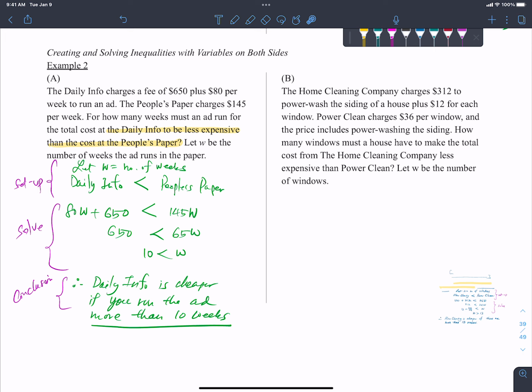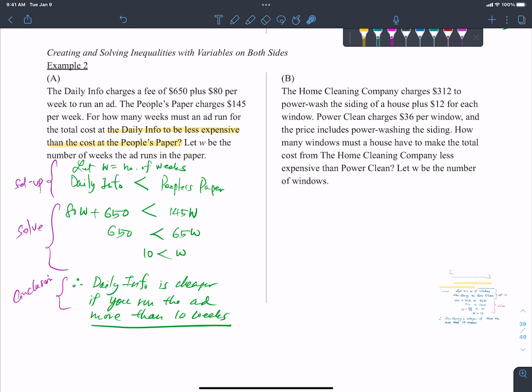So I guess it's cheaper at the beginning because you don't have to pay $145, but Daily, although it has an initial fee, its weekly fee is less. So the question is, when does the People's Paper begin to become more expensive, right? So when is People's Paper greater than the Daily Info? Well, People's Paper is 145 times W, where W represents the number of weeks.